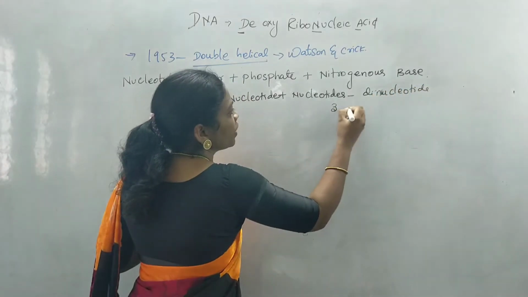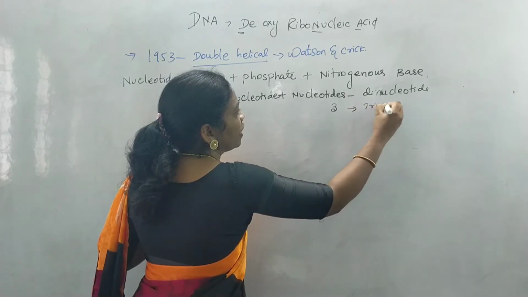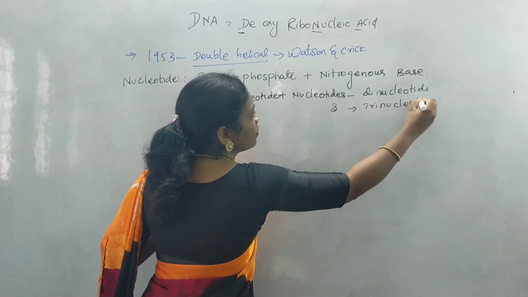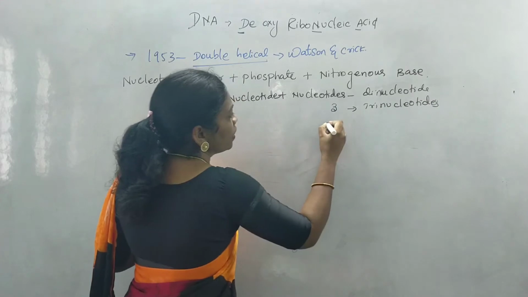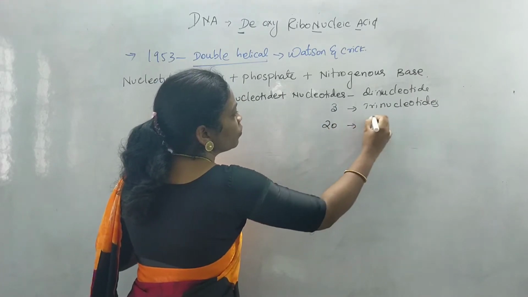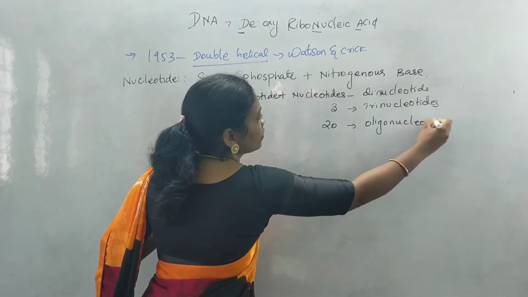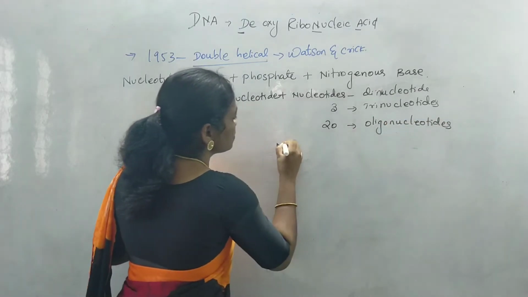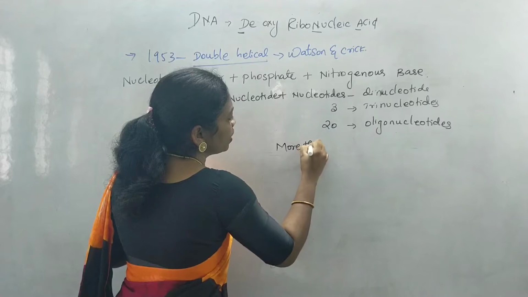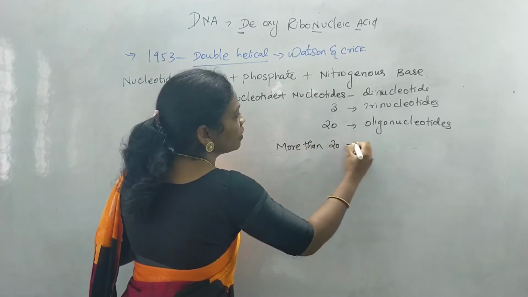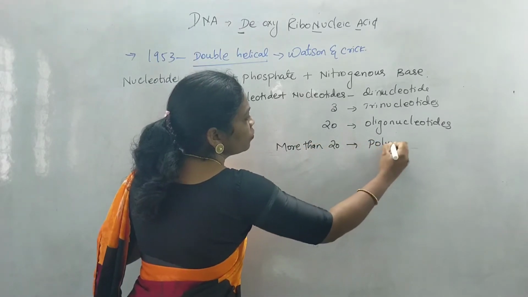When it is three nucleotides, they are known as trinucleotides. When it is up to 20, they are known as oligonucleotides. If it is more than 20, then they are known as a polynucleotide.